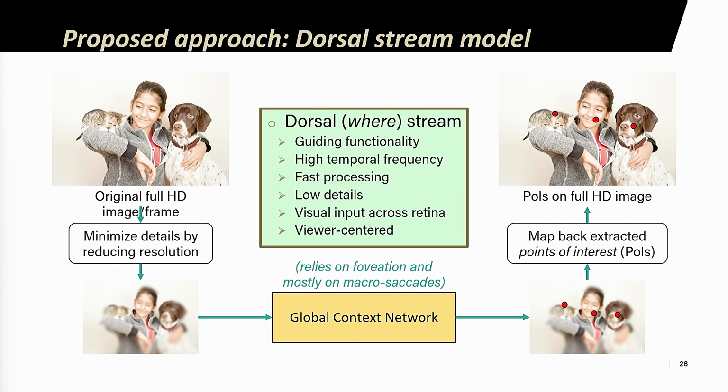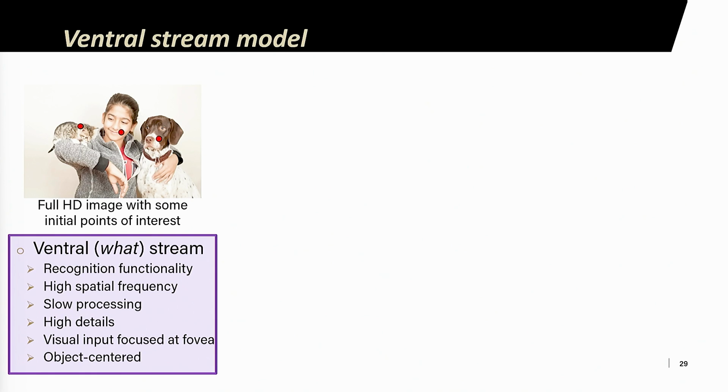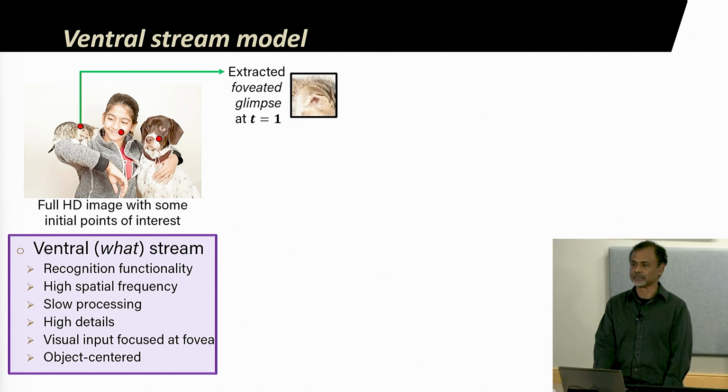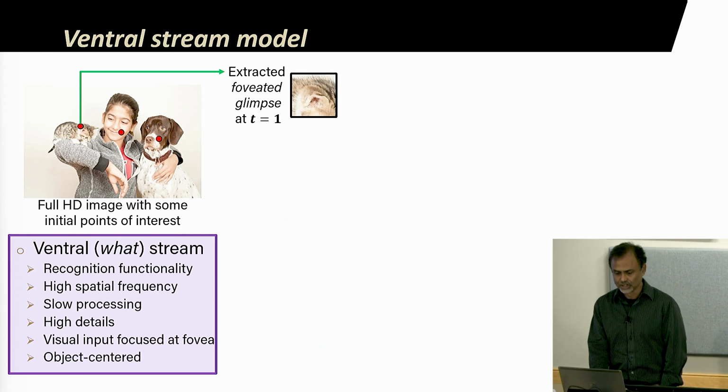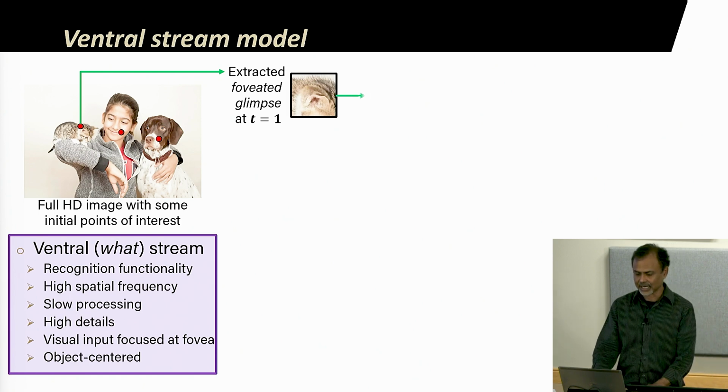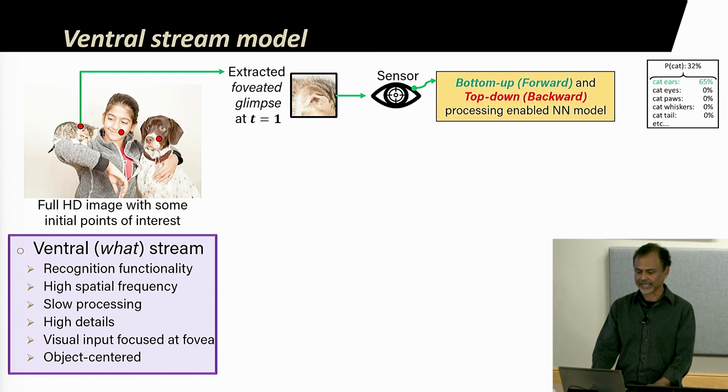The next thing that is important is that once I know the points of interest, I can try to figure out what those objects are, and that is based on the glimpses that I have. So if my glimpse size is like this, as in this particular case, where I'm showing the cat's ear, my network then figures out that, hey, based on this, I'm priming my network, it seems that it's a cat ear.